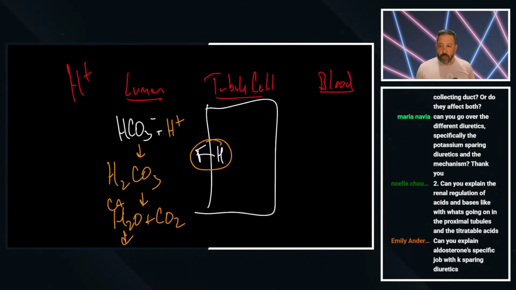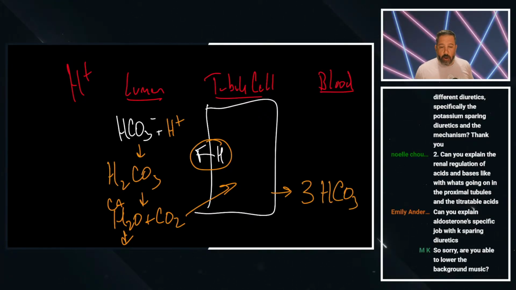H2O just stays in the filtrate, and the CO2 we can bring back into the cell. It does a whole bunch of magical stuff inside the cell with carbonic anhydrase, and the major effect is to dump in bicarb ions. So this is one way we can get rid of that acid, is with bicarb.